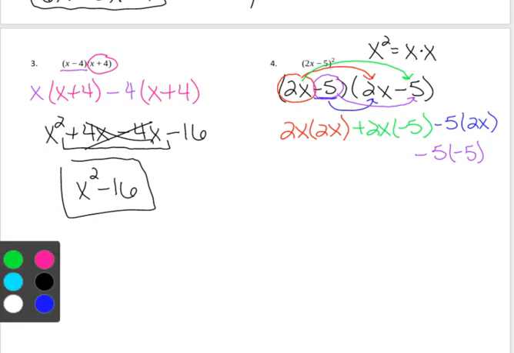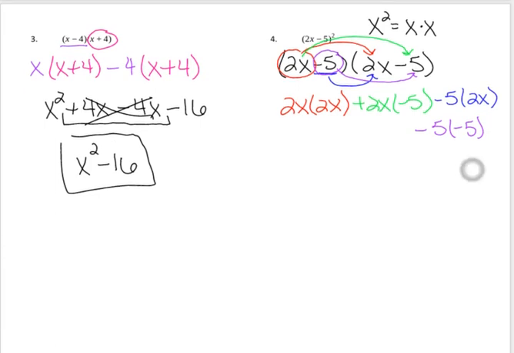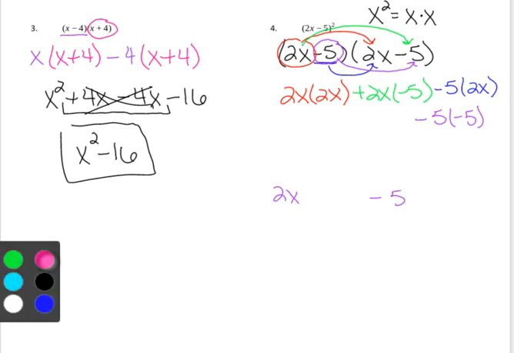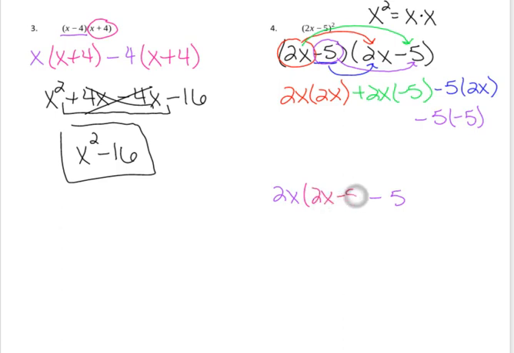So that's what the FOIL stands for. Now, if you wanted to, you can set this up the exact same way that we did the other one, right? We can do 2x minus 5, and then we can do 2x minus 5 here, and 2x minus 5 here. And we'll distribute and still get to this exact same step that we're on right now.